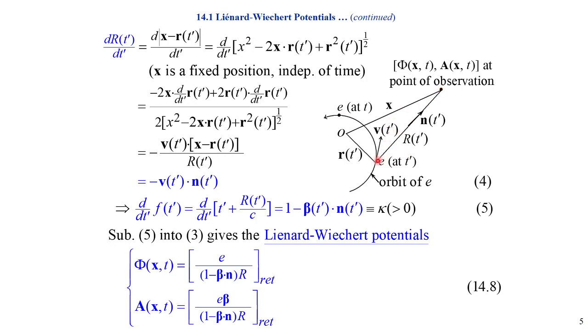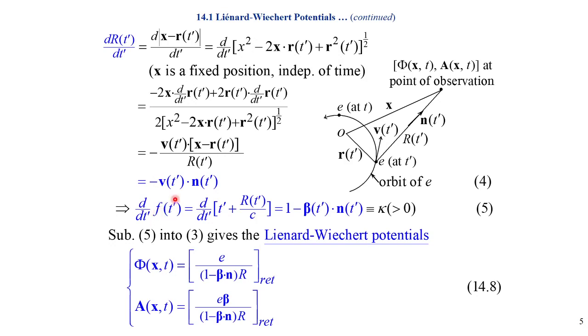At this point, the tangential direction is the velocity, and x minus r, normalized by dividing by r, is the direction of the propagation of the signal emitted from here to here.